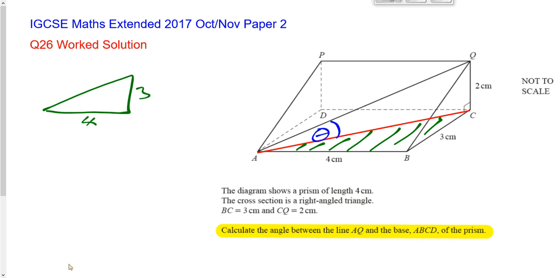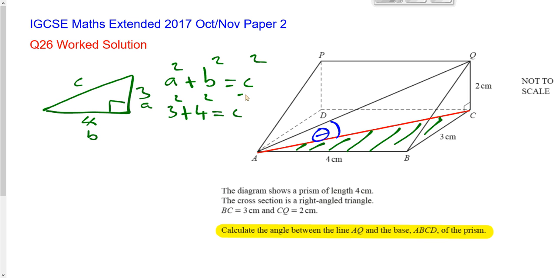Pythagoras tells us that the square of A plus the square of B will give us the square of C. I can choose either of these as A or B, but always the hypotenuse, the side opposite the right angle, is going to be C. So I'll substitute these values into the formula: 3 squared plus 4 squared will be equal to C squared.